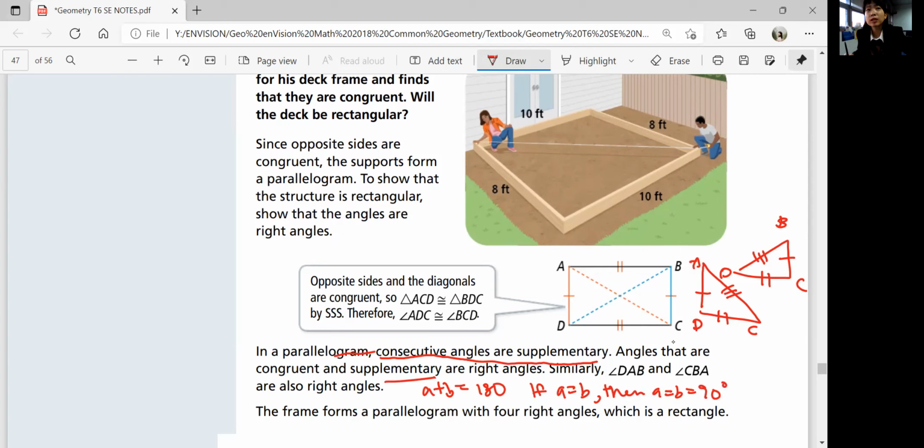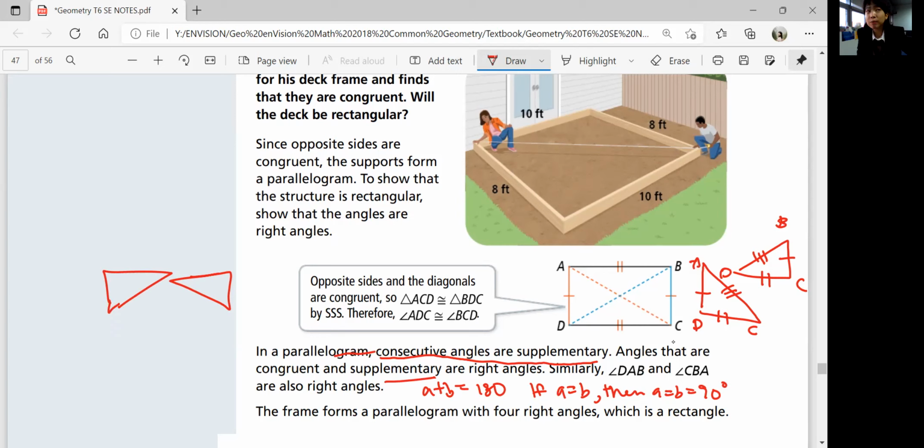And similarly, DAB, so now talking about the top triangles here, must also be right angles with the same logical reasoning.